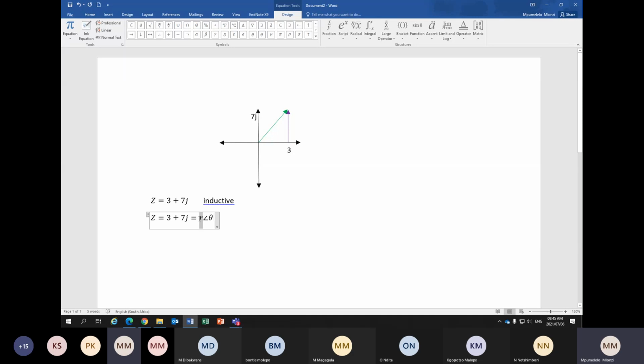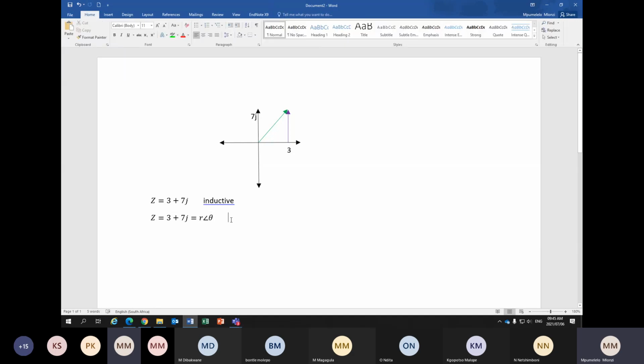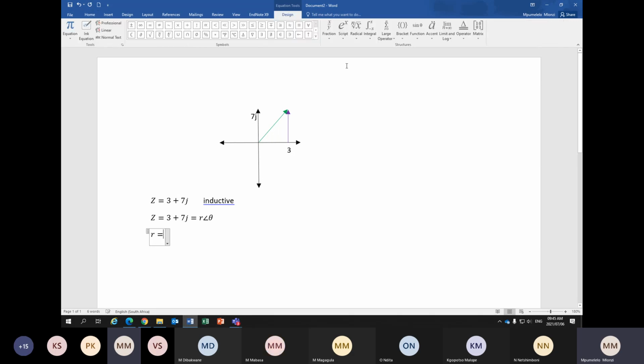Now, how do we get the R? The R is equal to the root of, I will use the numbers as we have, 3 squared plus 7 squared.